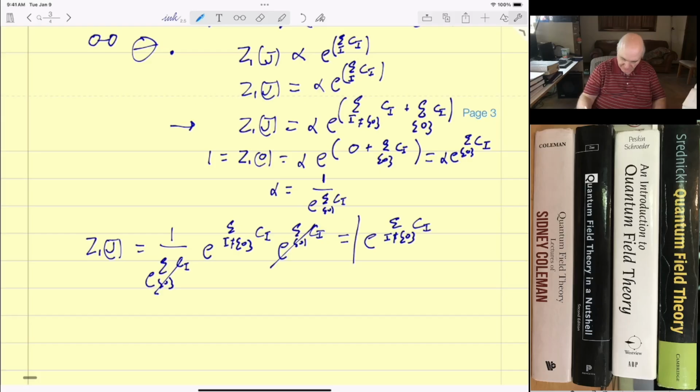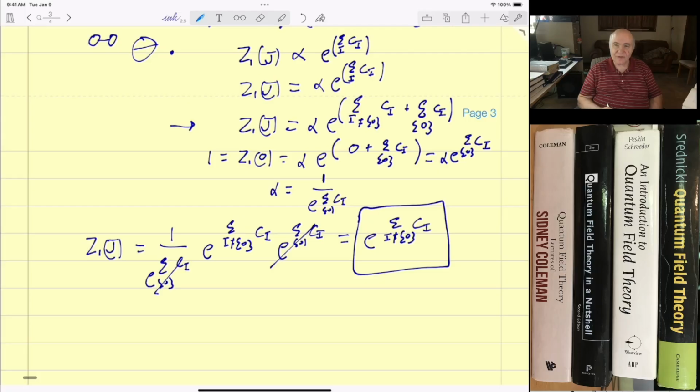So this is a very important simplification. To get our interacting path integral, we don't have to worry about disconnected diagrams, and we don't have to worry about vacuum diagrams.